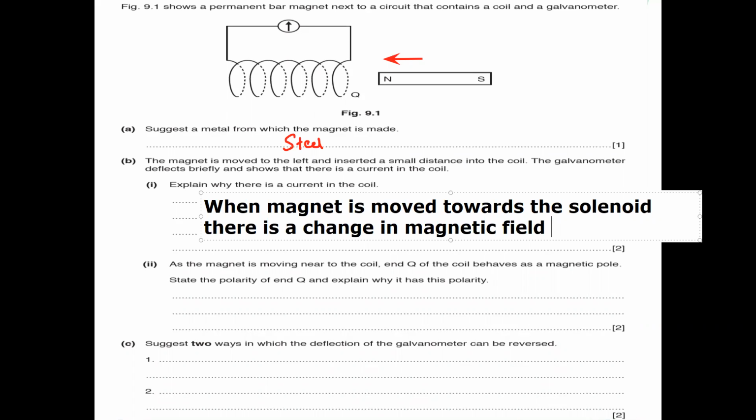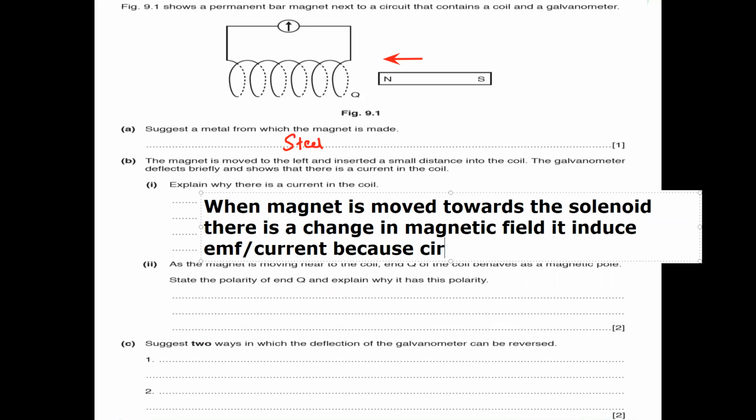And whenever there is a change in magnetic field, it induces or produces EMF, or you can also say current. So whenever a circuit is complete, there will always be a current. So you can write, when the magnet is moved towards a solenoid, there's a change in the magnetic field, and due to a change in magnetic field, there is always an induced EMF.